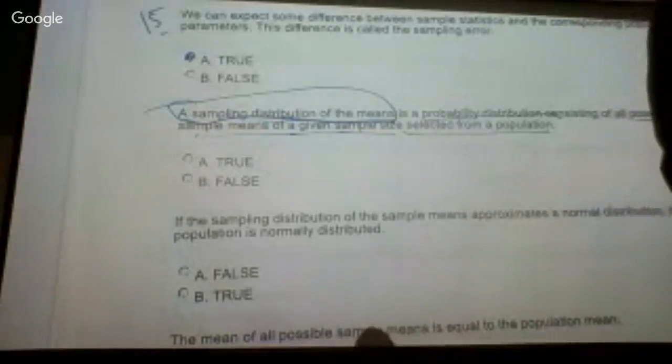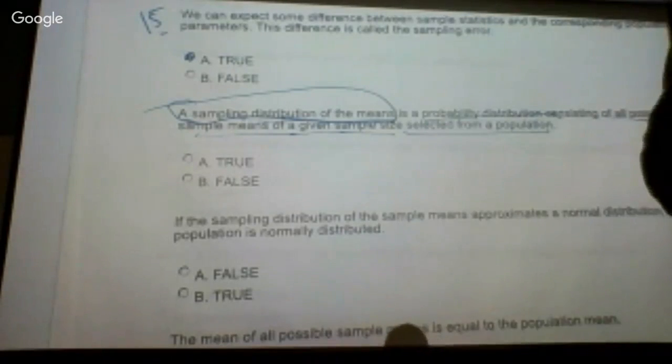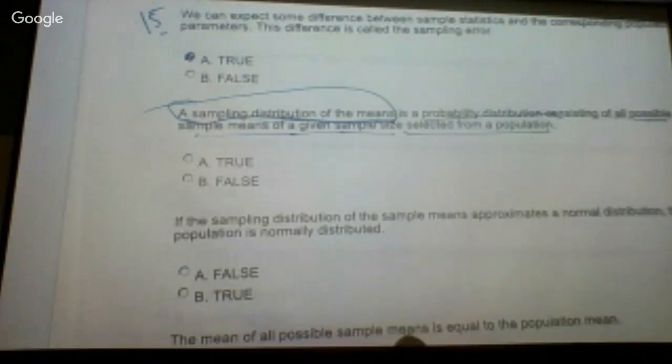When we did those simulations on Friday, it said, here's a population. Let me take a sample of 10,000 or 100,000 or 1 million or 1.6 million. And we generated a sampling distribution. It was a distribution based on taking a sample of a certain size, 2, 5, 25, over and over and over again.